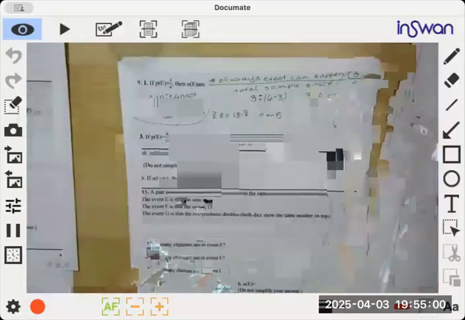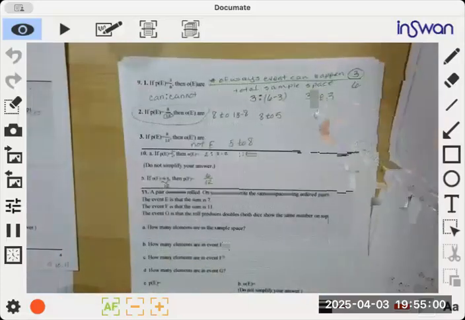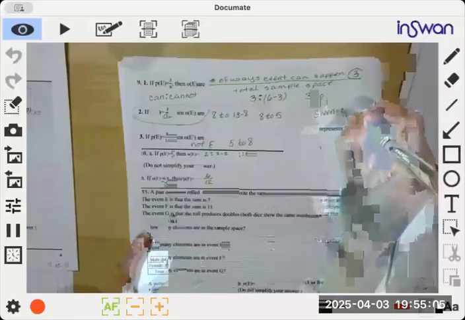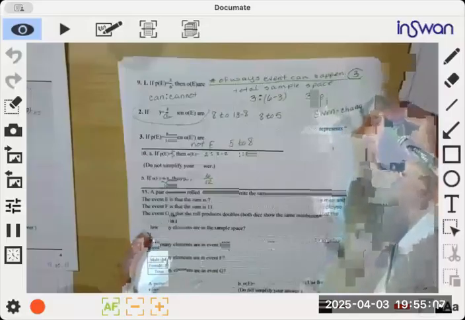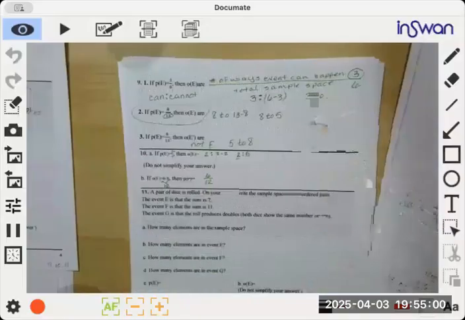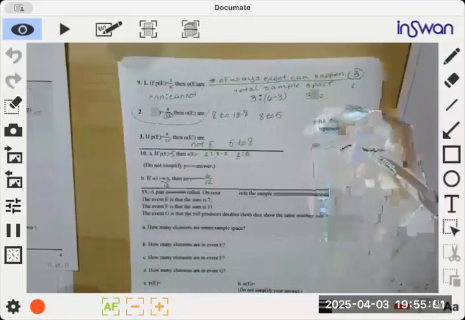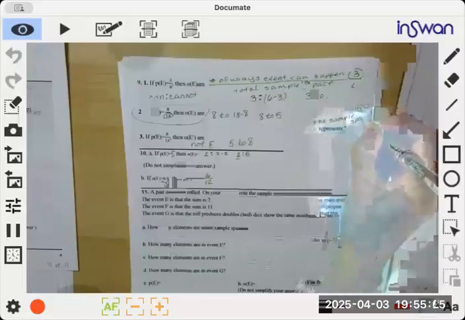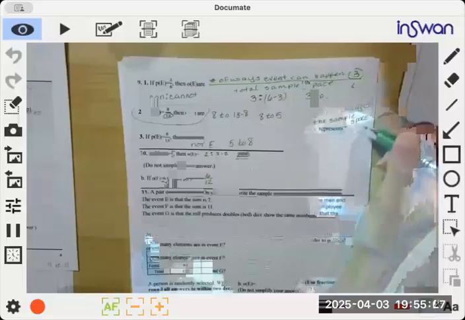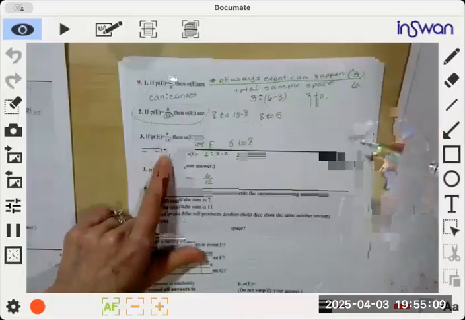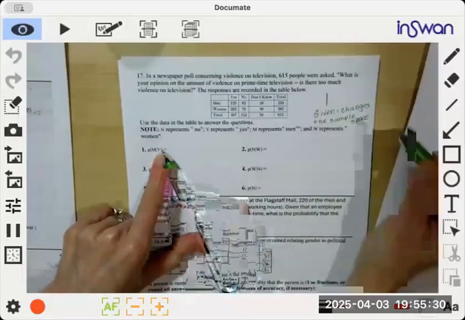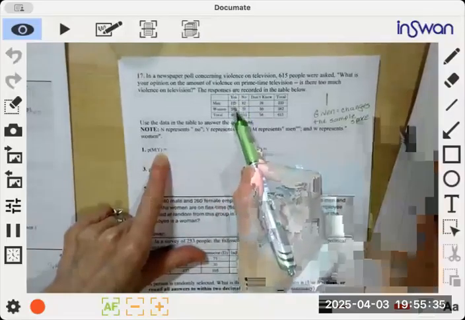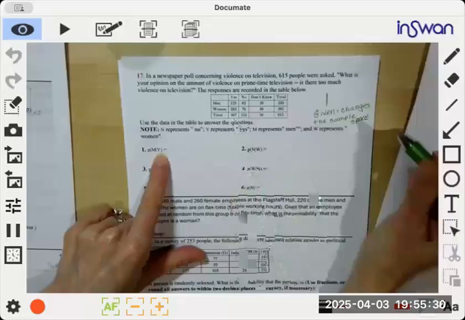Okay, so this line means given. Given changes the sample space. So given tells us what our sample space is. So here our sample space is Y. So we're only looking at the yeses.